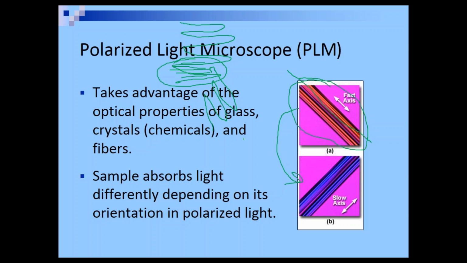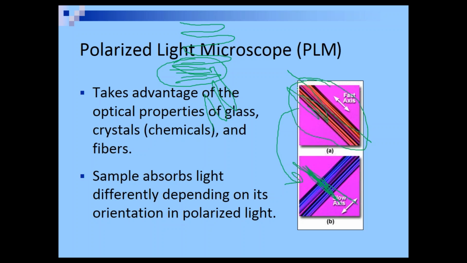What happens is if you put polarized light through a fiber, with light that's only moving in one direction, the fiber alters the direction that light is moving, and it may refract the polarized light. If the light is parallel to the fiber, then it may change to where it appears a different color, in this case red or orange, versus if it's perpendicular to the light.